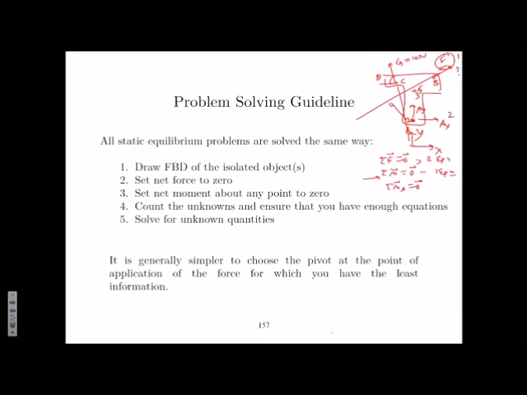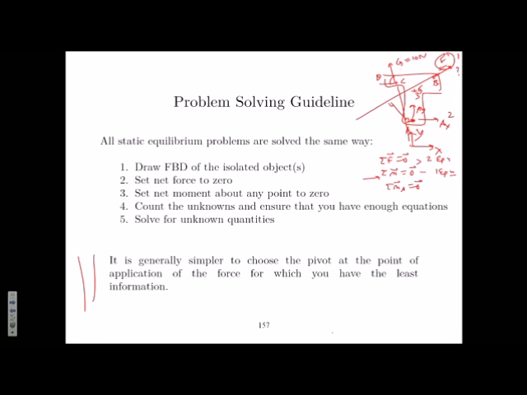And that's what I'm saying over here. It is simpler to choose the pivot point to be the one through which the forces are passing, about which you have the least information. AX and AY is something that the question is not asking for, so you can just choose that as the pivot point, right? Now, this is telling you that there is no one single way to solve the problem.